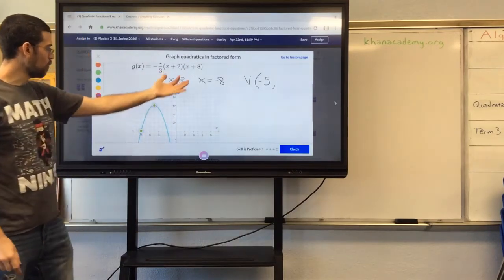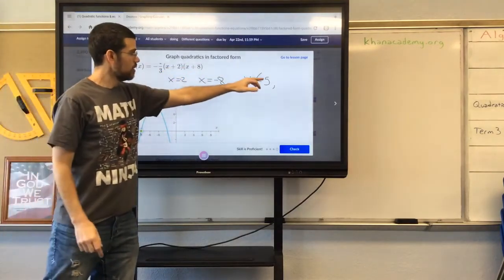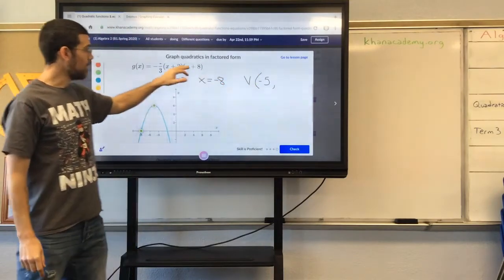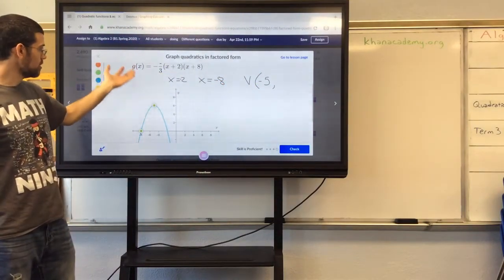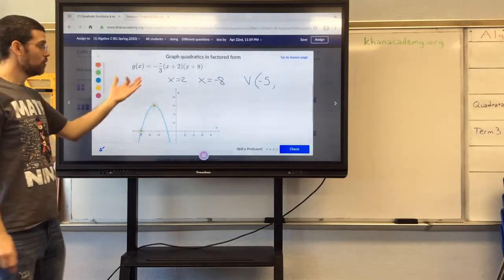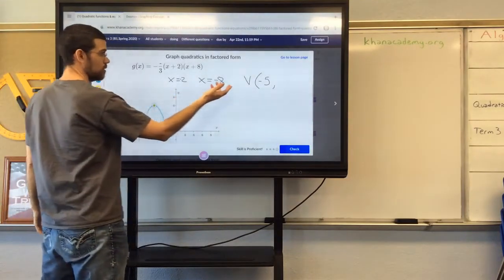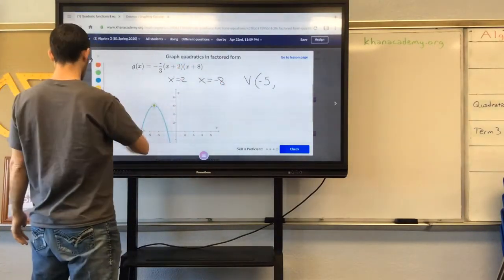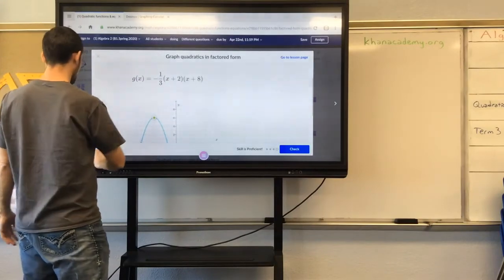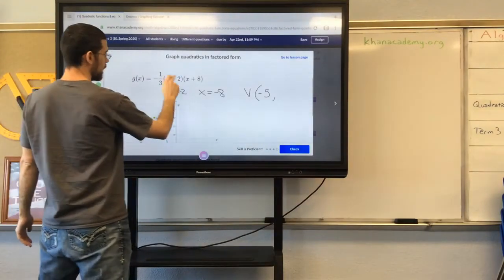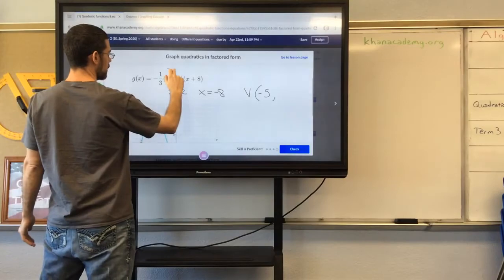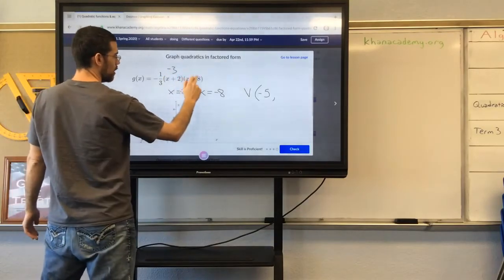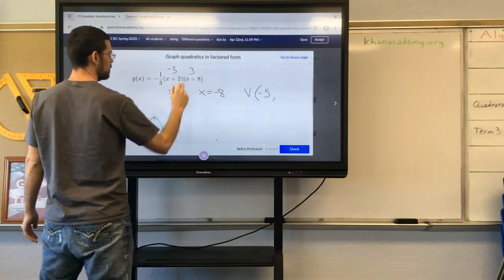And then we need to find the y value, so we stick -5 in for x to figure out what is the function's y value when the vertex is -5. So let's look. -5 here gives you -3. -5 here gives you +3.